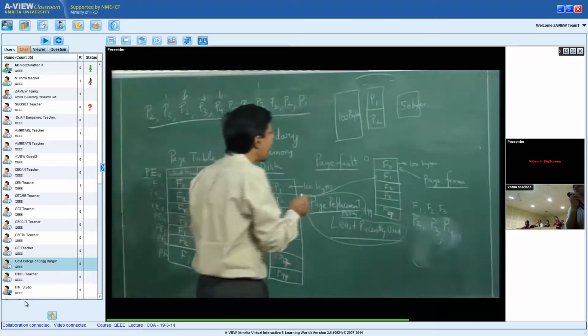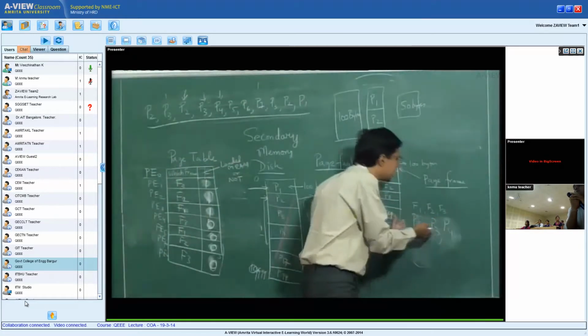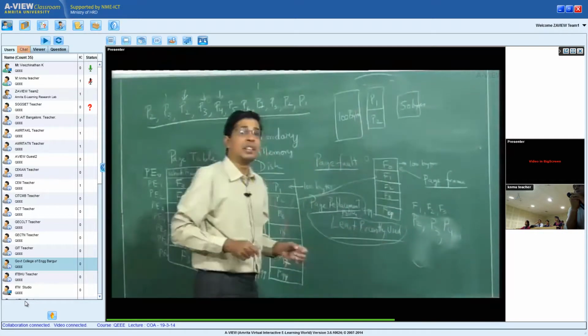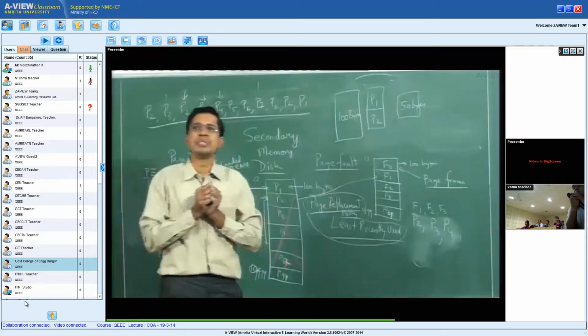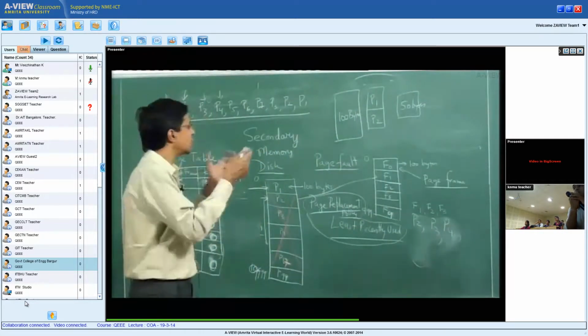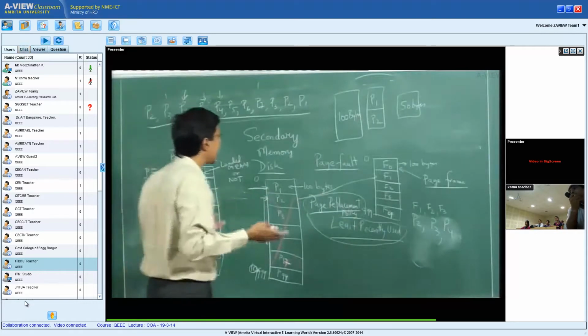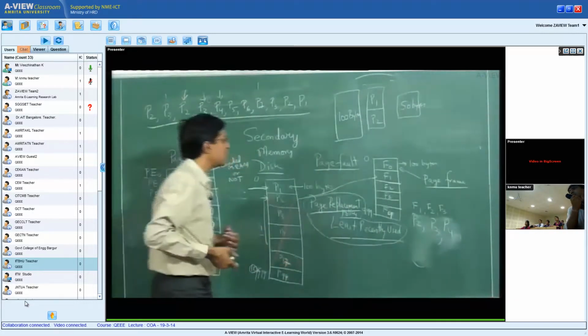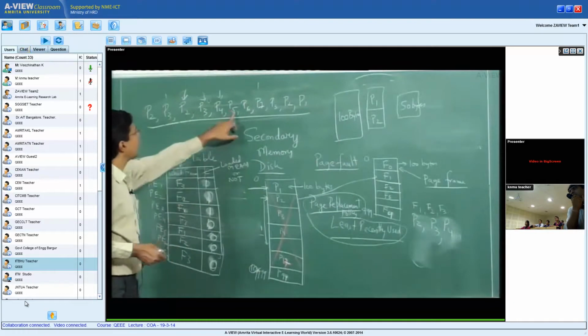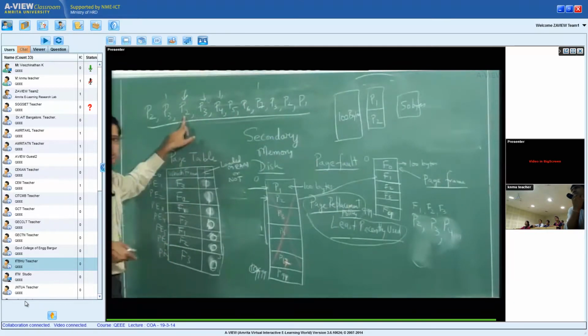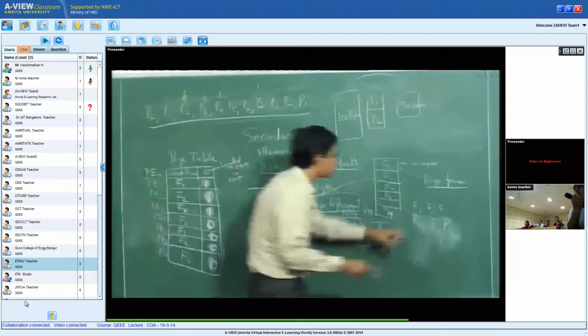So page 5 has to now get loaded into one of these frames. Which frame will I load? I use some policy. For this I said we can use the least recently used policy. So when I look at this, the least recently used is page 2. So I go and replace this page 2 by page 5.